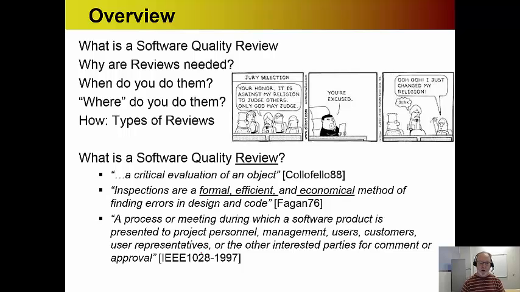In our Scrum language, we talk about the sprint review. And in the sprint review, all the chickens get to come, right? The pigs are there because they built the thing, and the product owner is there to evaluate the sprint goal, but also the chickens are there, right? Any stakeholder that has an interest can attend the sprint review. Okay, and these project personnel, management, users, customers, these are all the chickens that we're talking about, right?